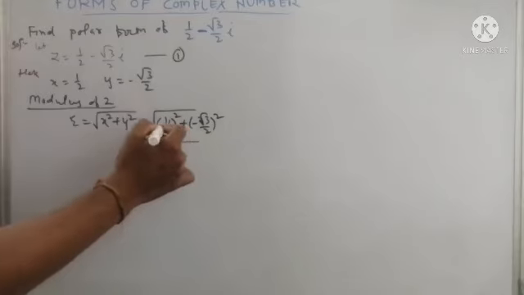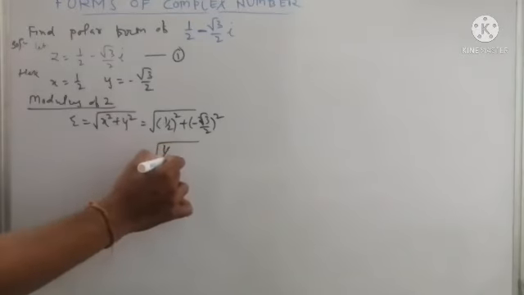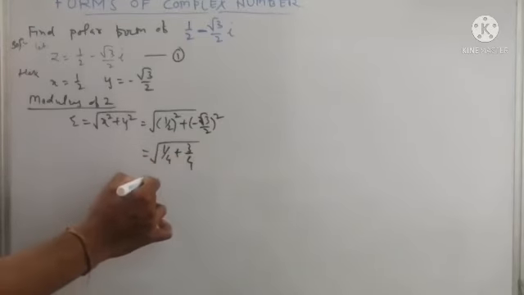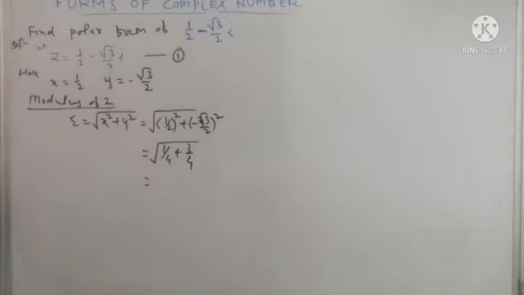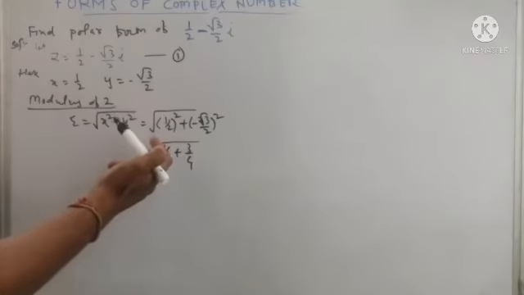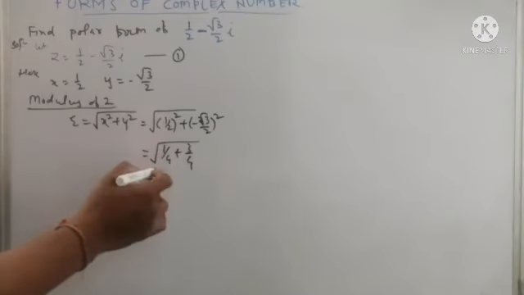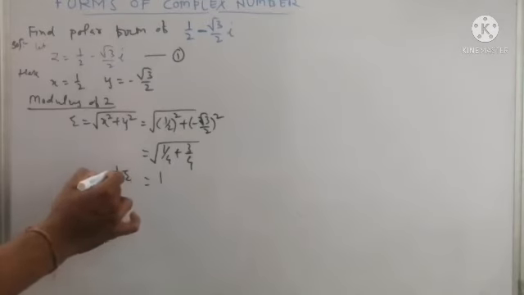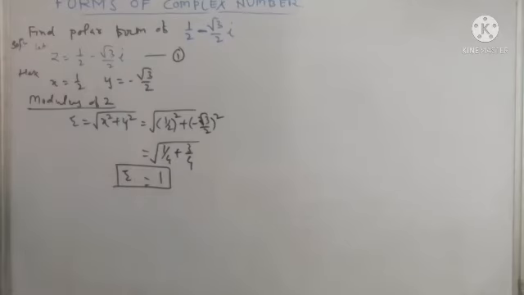Now 1 half squared is 1 by 4, plus root 3 by 2 squared: the square of minus root 3 is 3, and 2 squared is 4. By adding, as the denominators are equal, the numerators 3 plus 1 make 4, so 4 by 4 is 1. The root of 1 is always 1. So the modulus of this complex number is 1.